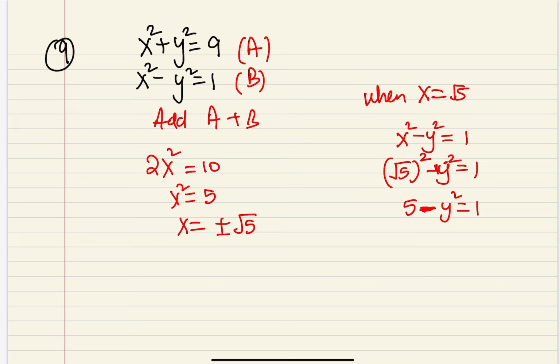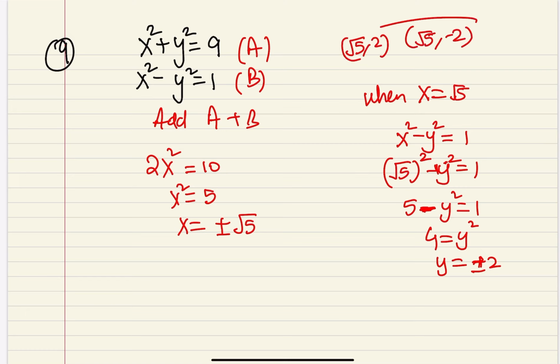That's going to give me, if I add y squared to both sides and subtract 1, 4 equals y squared, y equals plus or minus 2. So (square root of 5, 2) and (square root of 5, negative 2) are my two solutions.